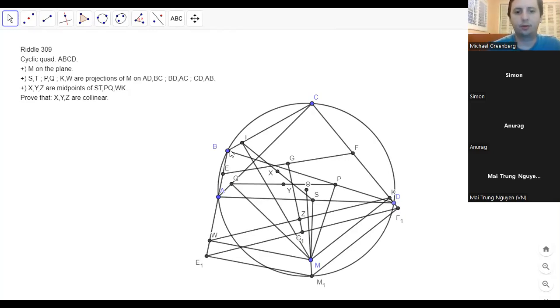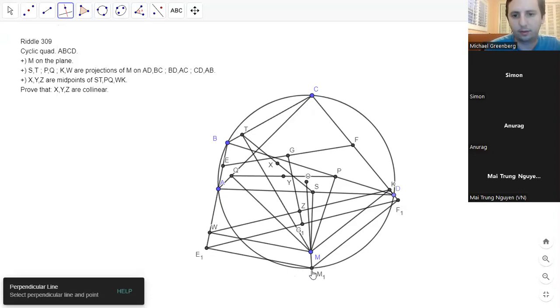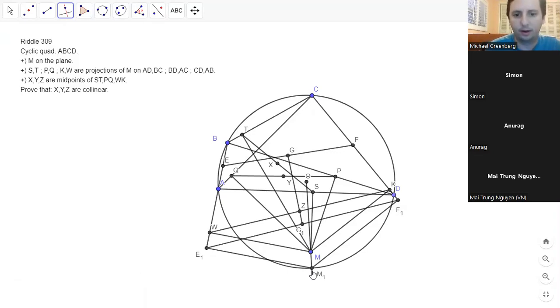So we can assume this point lies on the circle because by the homothety that you just showed, it's equivalent. Yeah. So we can just assume that this is on the circle, and then we would still have to prove it in that case, right?